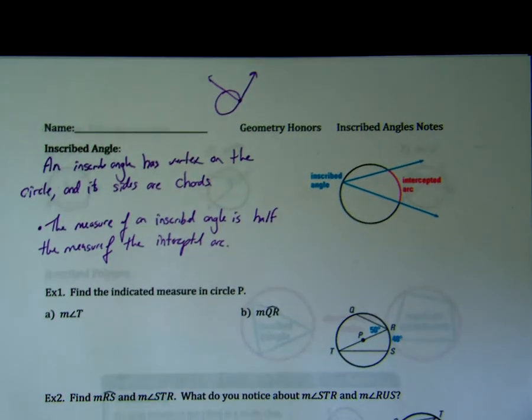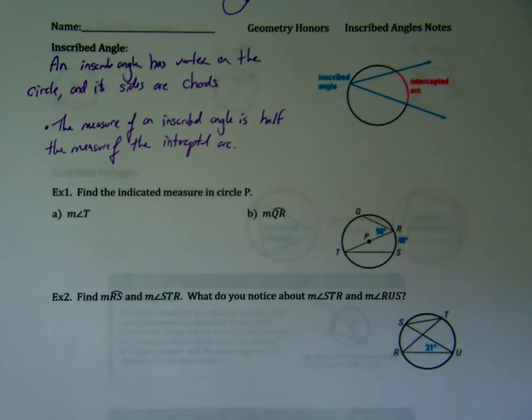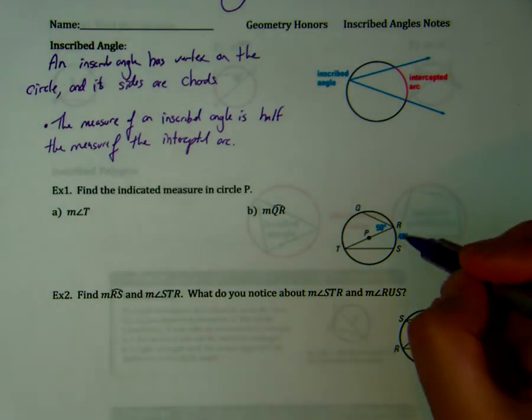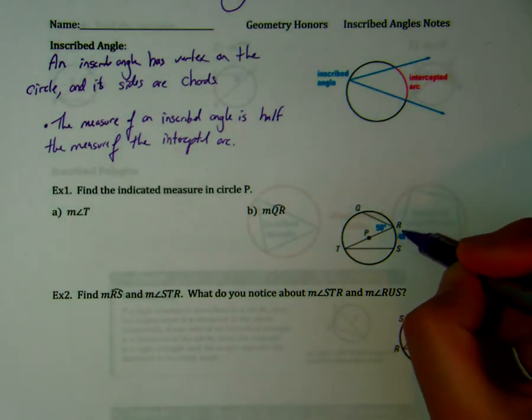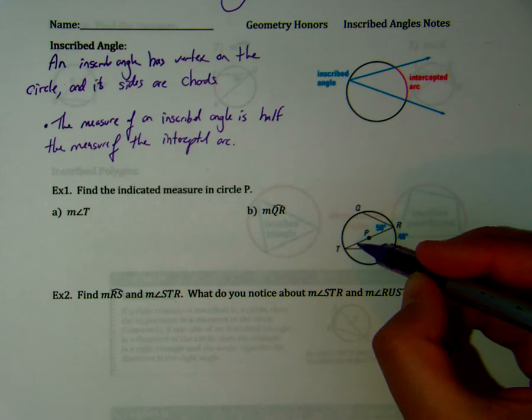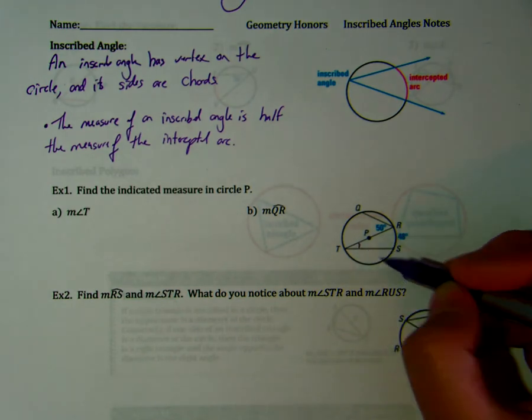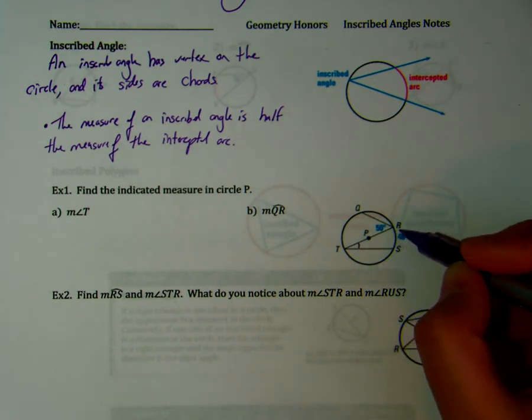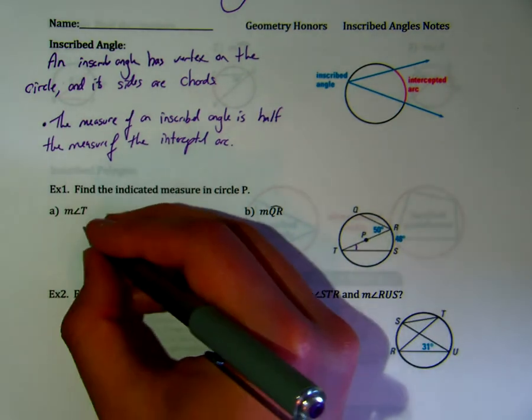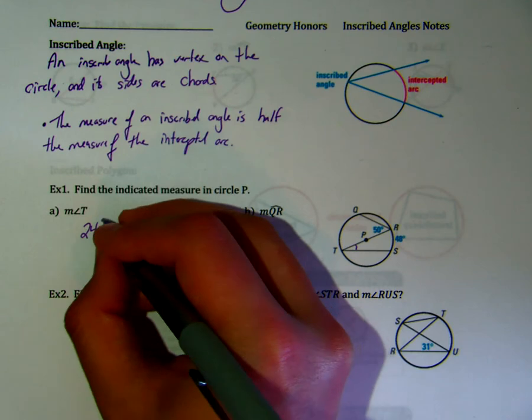Okay, so what does that mean for down here? If I have RS as my arc of 48 degrees, this angle T is half the measure of the intercepted arc. So if the intercepted arc here is 48, half of that is 24. So this is a 24-degree angle.